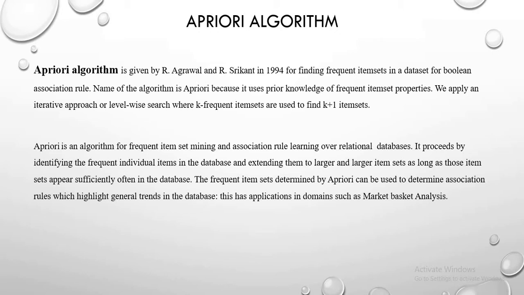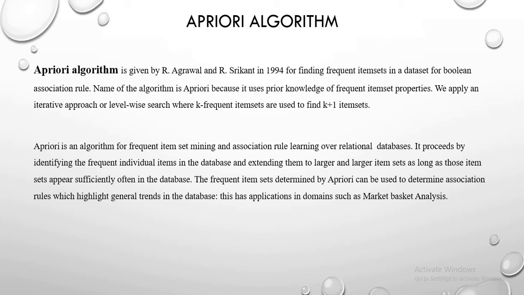We apply an iterative approach, or level-wise search, where k frequent item sets are used to find k plus 1 item sets. This algorithm plays a very significant role in data mining techniques, especially association rules.